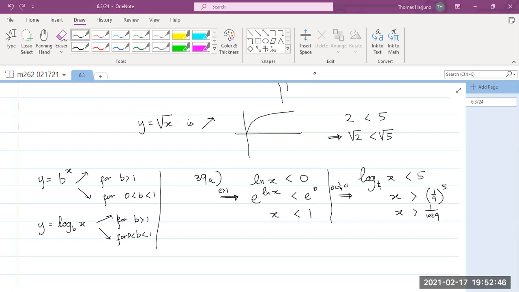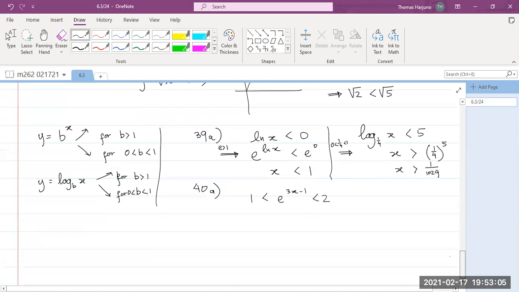Number 39A, 39B, number 40A, and 40B. Right? Let's see number 40A. So 1 is less than e to the 3x minus 1, which is less than 2. I apply natural log to all sides. Natural log of 1 is less than natural log of e to the 3x minus 1, which is less than natural log of 2.